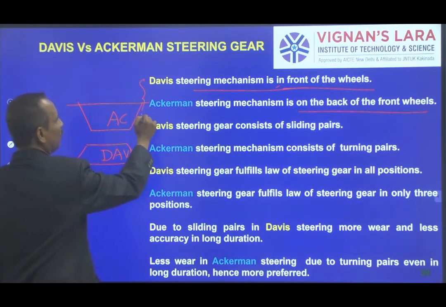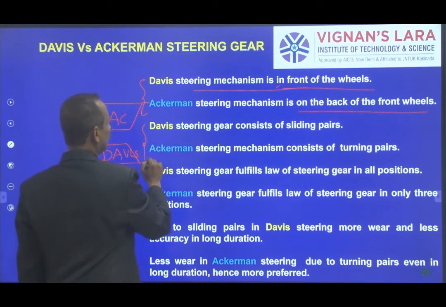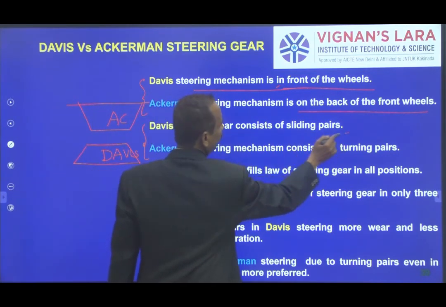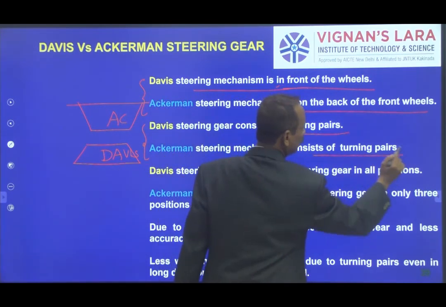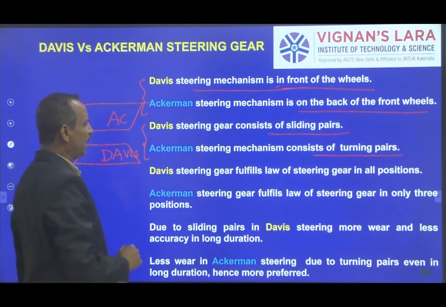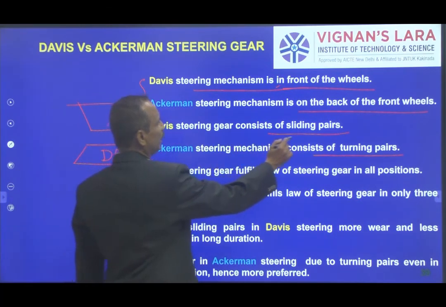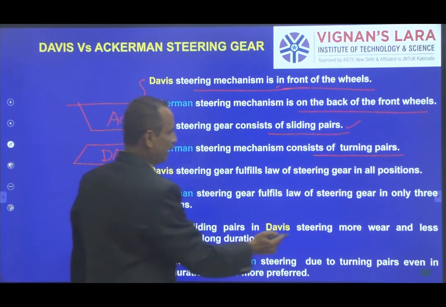That is the first point. Then coming to the second point, the Davis steering gear has all sliding pairs and the Ackerman steering gear has turning pairs. So the Davis steering gear, with all sliding pairs, will have more wear and tear.